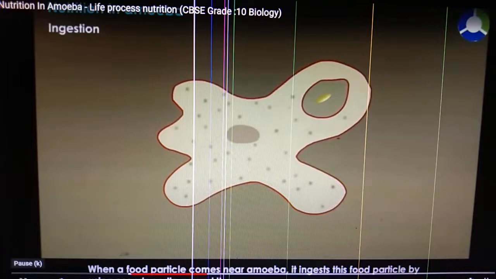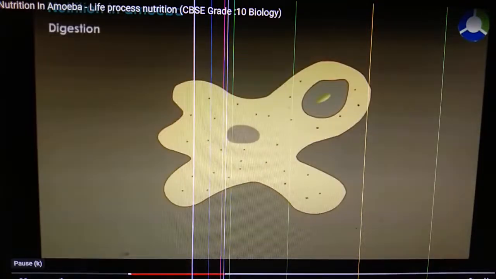Next process is digestion. In this digestion, the food is broken down. Now you must have understood why it is heterotrophic nutrition, because food is broken down inside the body.